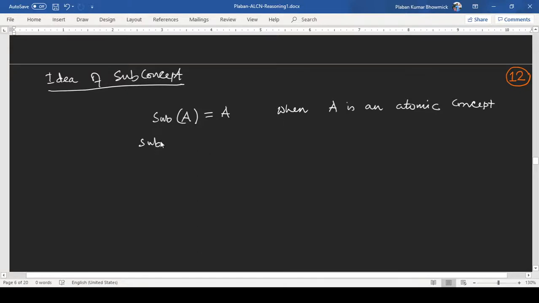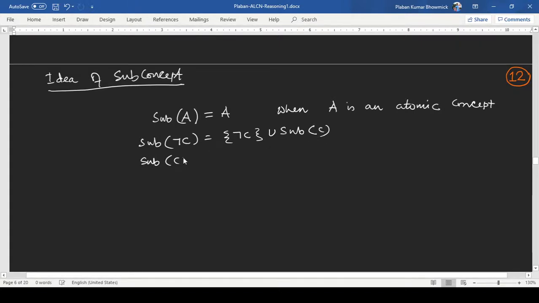Now what will be the sub of not C? Sub of not C will be not C union sub of C. And if C is an atomic, then it will be C itself, but C can be a complex expression.